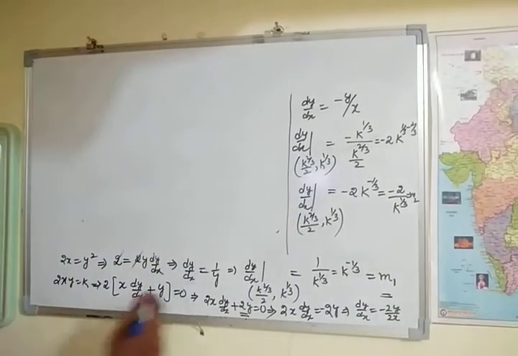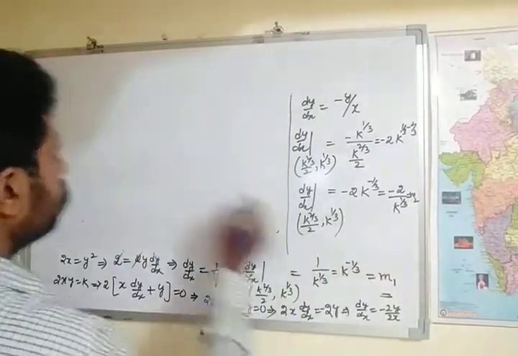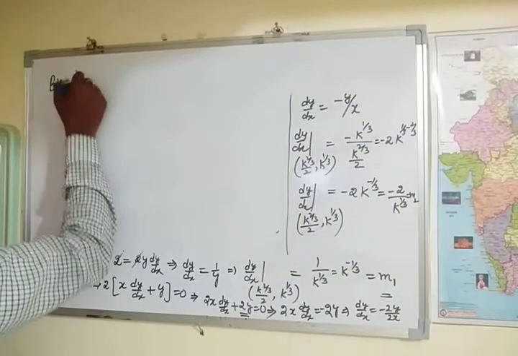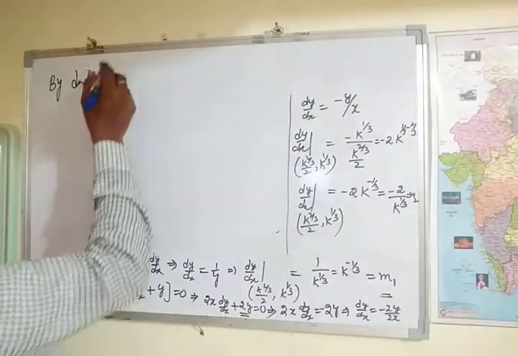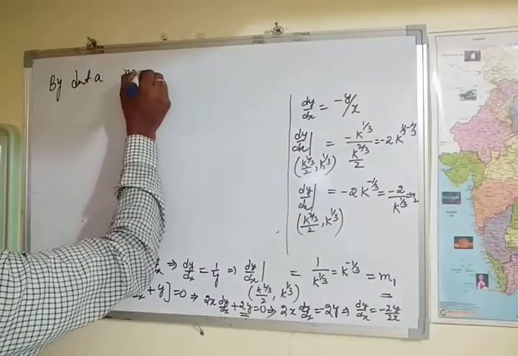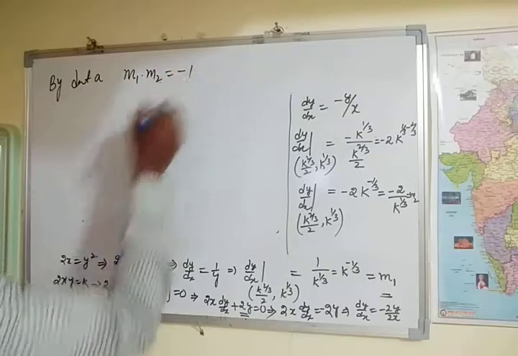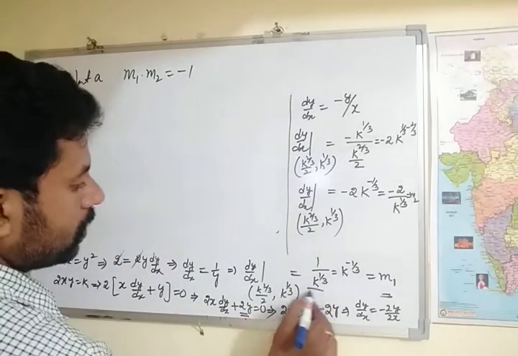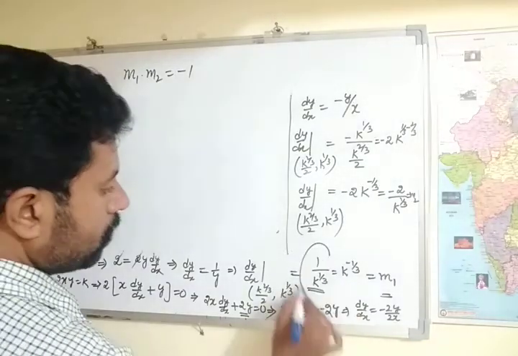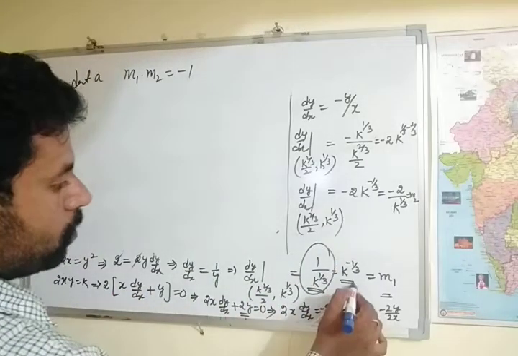So here we have m1 and m2. By the data, the curves intersect perpendicularly, which means m1 dot m2 is equals to minus 1. See, m1 result is 1 by k to the power 1 by 3, or k to the power minus 1 by 3.